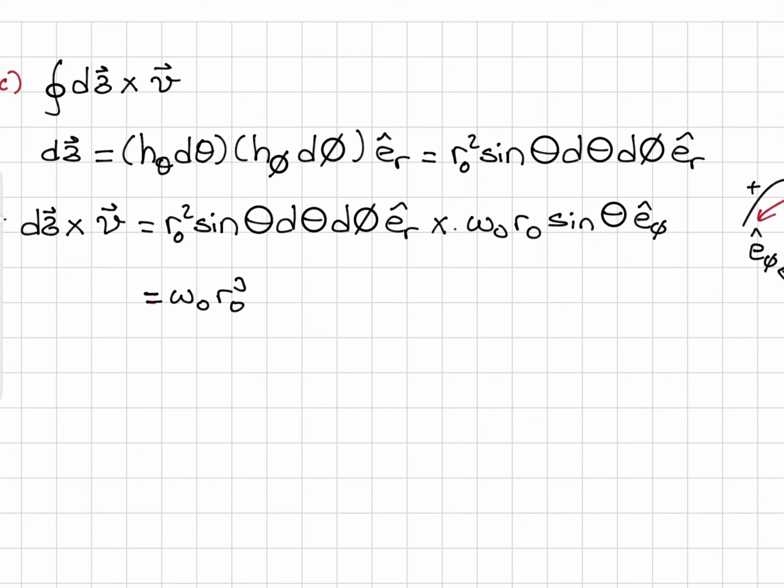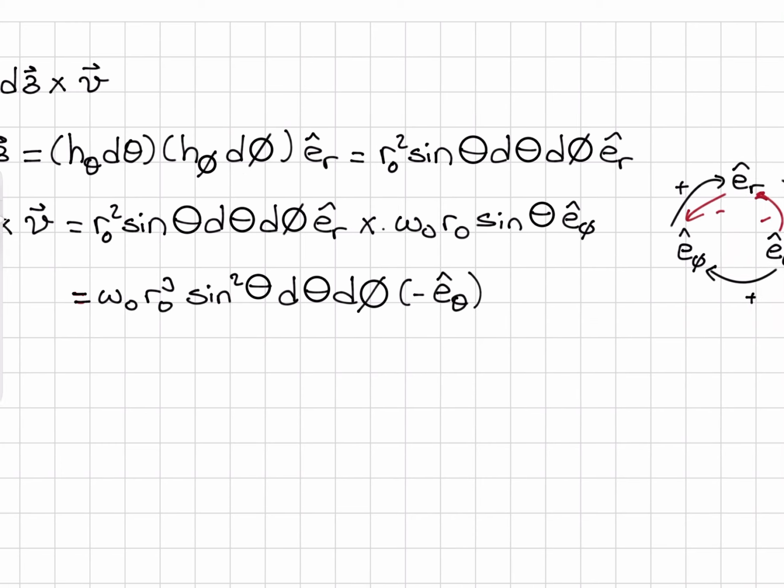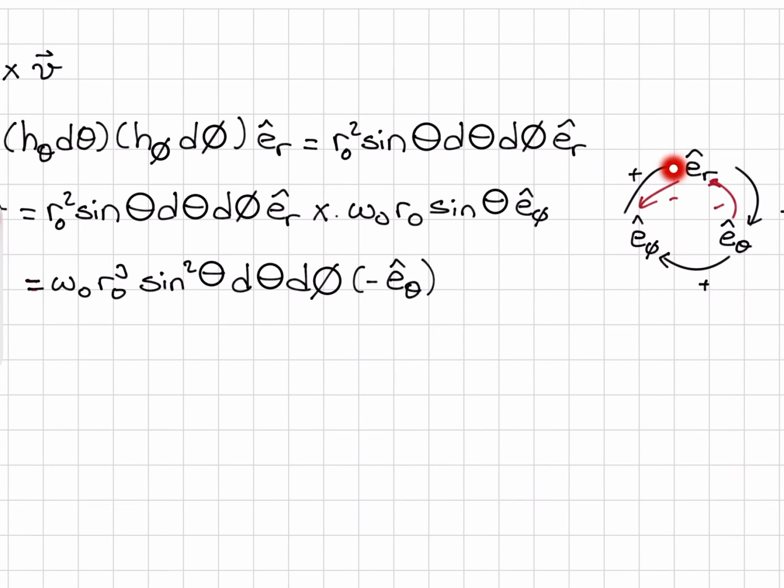So this is going to be sine square theta d theta d phi, the azimuthal angle, and the cross product er hat cross with e phi hat I find to be minus e theta hat from the cyclic permutations. Er hat cross e theta hat is e phi hat, er hat cross e phi hat is minus e theta hat.